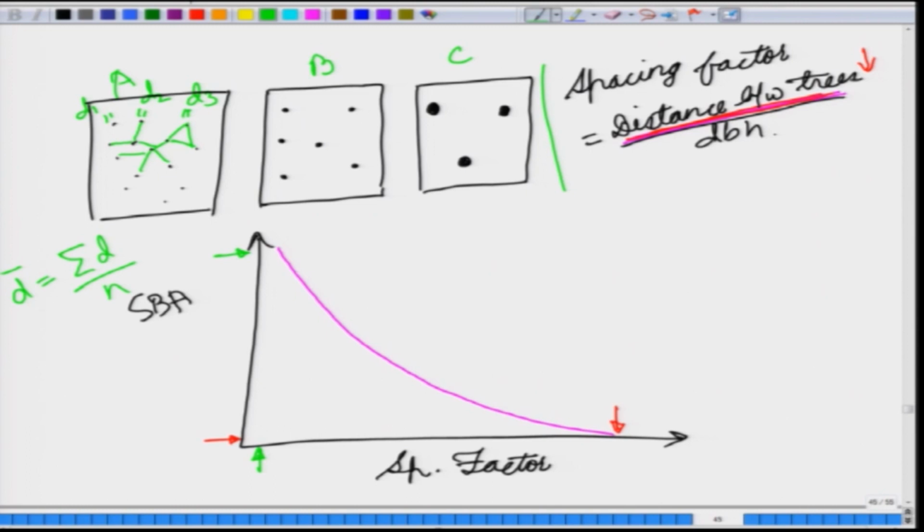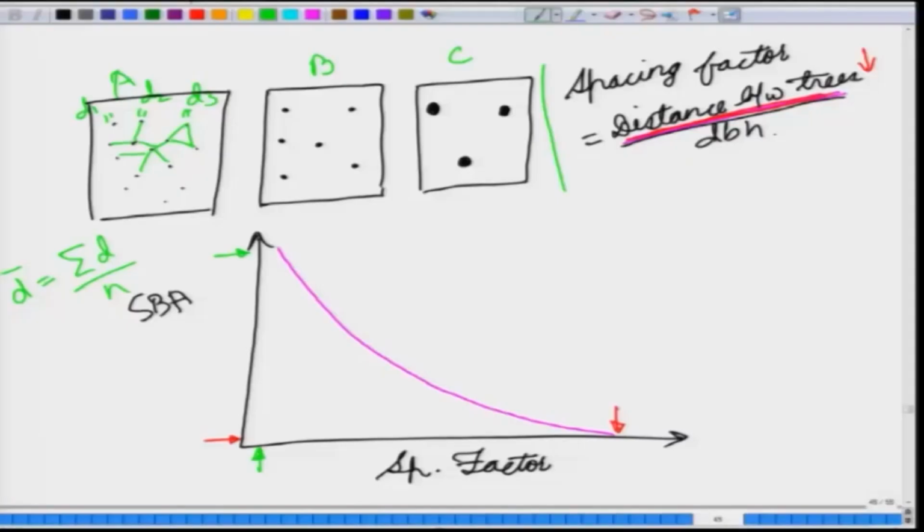Similarly, if we do not talk about the distance between the trees, we are keeping trees at the same distance. Now, if the dBH of these trees is less, that is, you have trees with smaller diameters, in that case the spacing factor will be more.